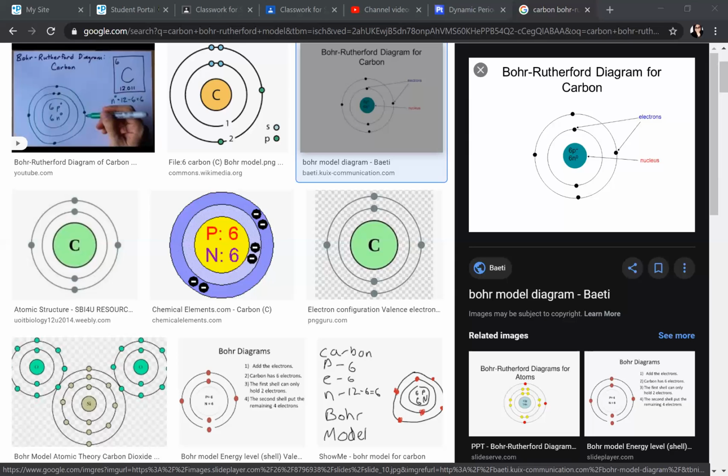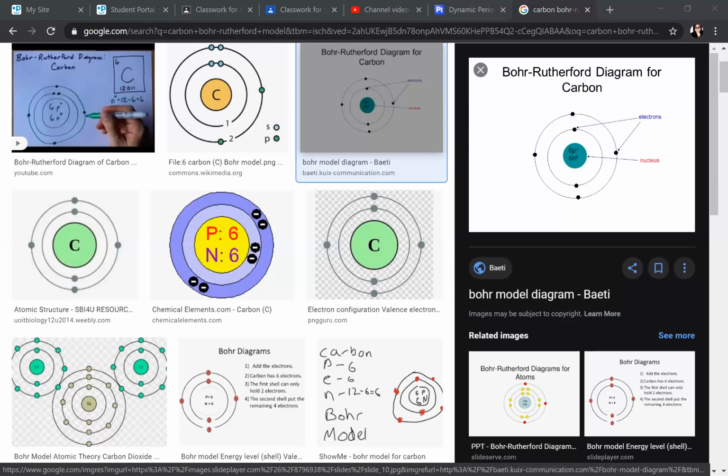Likewise, for this Lewis dot structure, there's only 4 dots. 1, 2, 3, 4. So those 4 dots correspond to the last 4 electrons that will be participating in a chemical bond. Whether that's ionic or covalent will depend on the nature of the carbon atom.